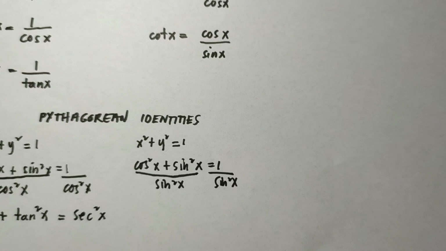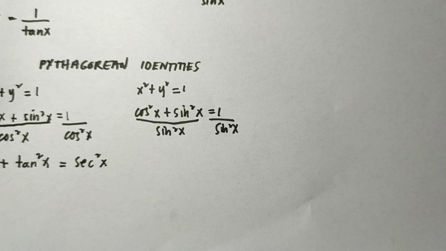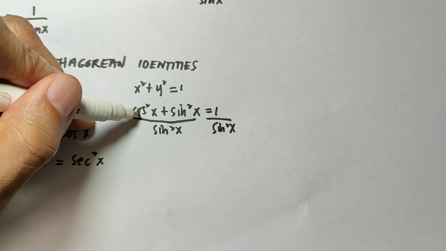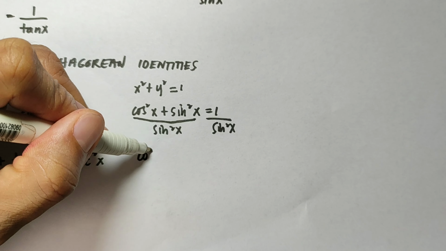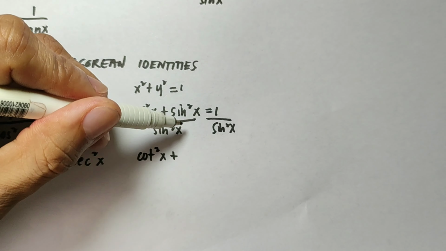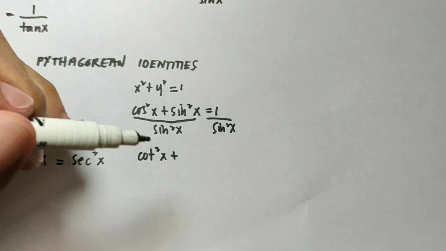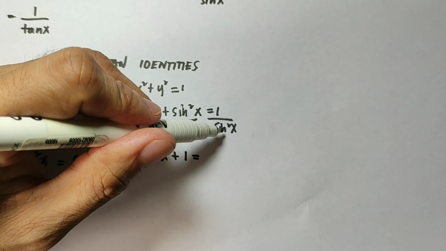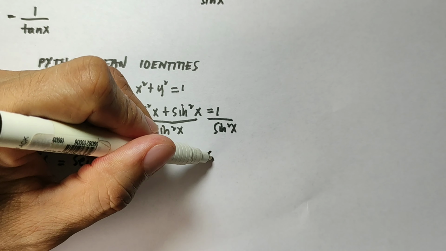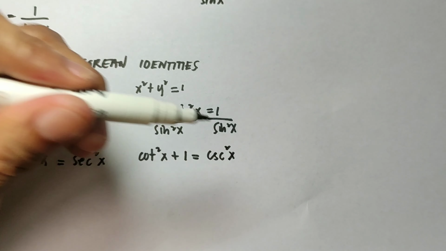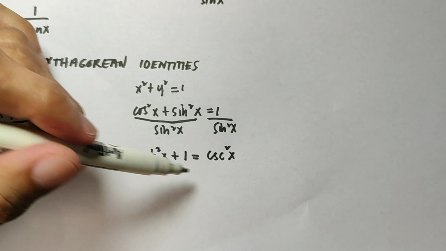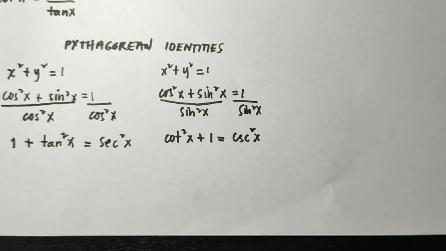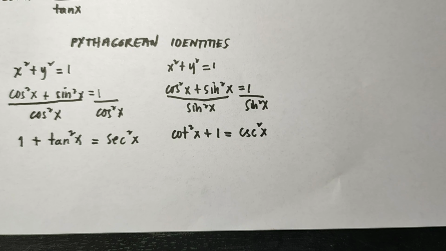So what will happen when we divide it by sine squared x? Cosine over sine is the cotangent, so cotangent squared x plus sine squared x over sine squared x is 1, equals 1 over sine squared x, which is cosecant squared x. Another Pythagorean identity.